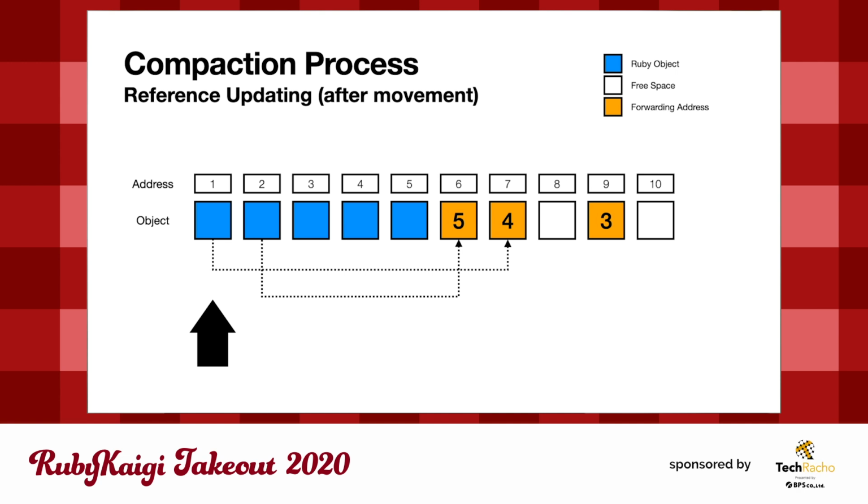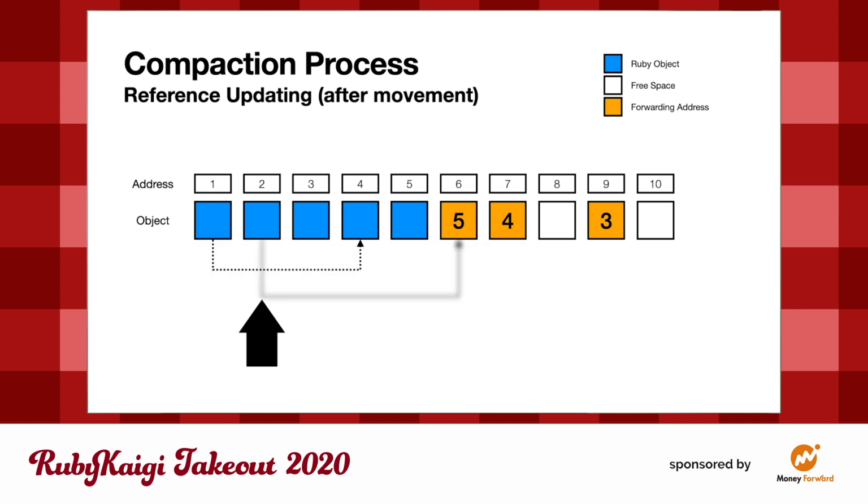To do this, we simply iterate over the heap, check the reference, then update it. In this case, object 1 references object 7. But the object that was at 7 is now at 4, so we update the reference.